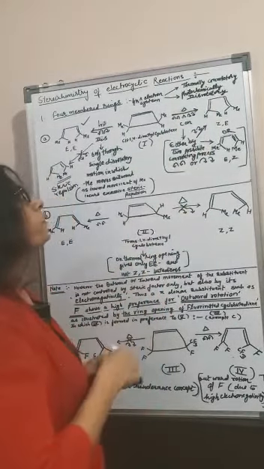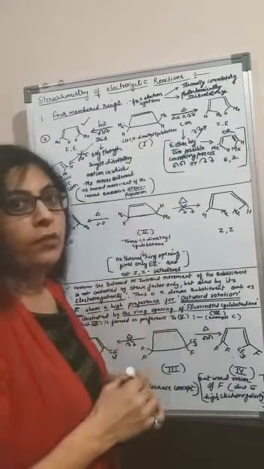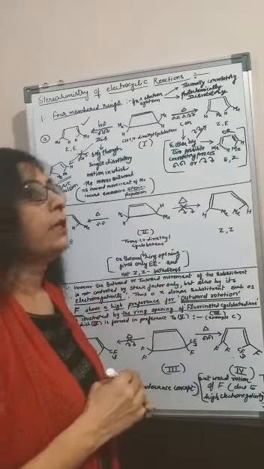What is the conrotatory process? For example, in this single bond, you know that p orbitals are overlapping, and then this sigma bond is forming.